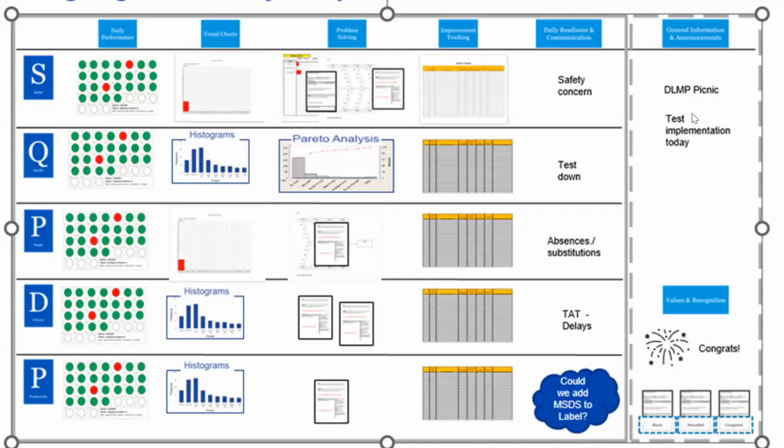These other columns in your MDI board are for communication. This is where you can have any other communications to pass along to the lab. And the beauty of this is, let's say somebody missed the huddle, during the day when they have some free time, they can come to the board and see exactly what is happening in the lab.